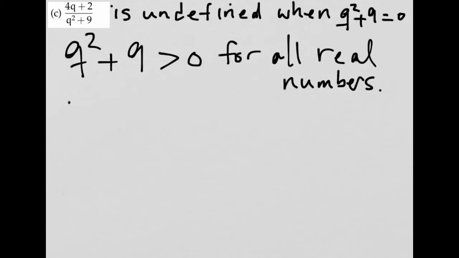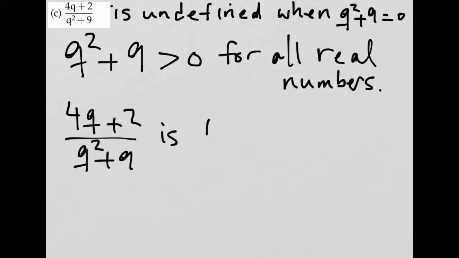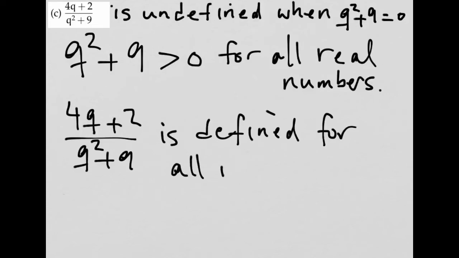So the expression 4q plus 2 over q squared plus 9 is defined for all real numbers.